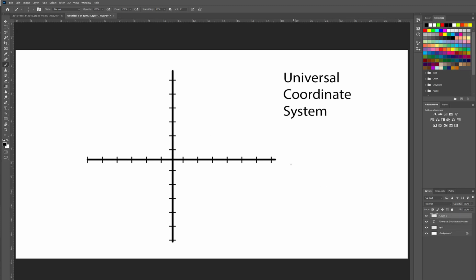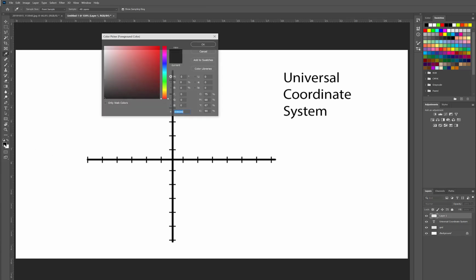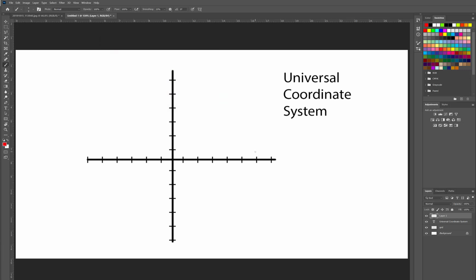With that, you probably know some other things. This line here that goes from side to side is the x-axis. So I'm going to change my color to red. I'm going to draw an arrow here and an arrow here, and we'll say that this is x.